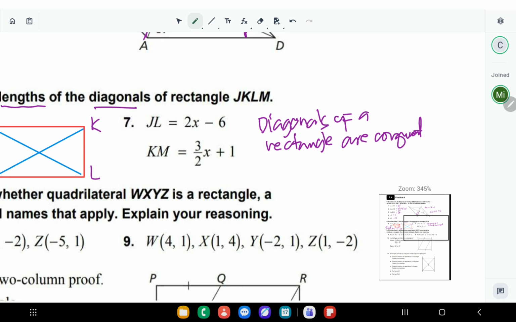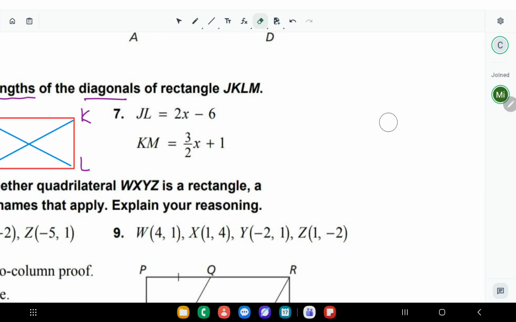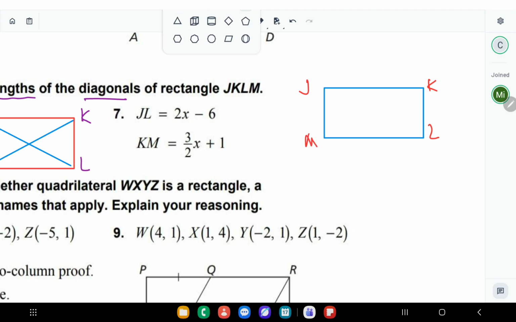Then for number 7, let me delete this. Number 7. So that is JKLM, the same. We're given JL and KM, so we just equate them.